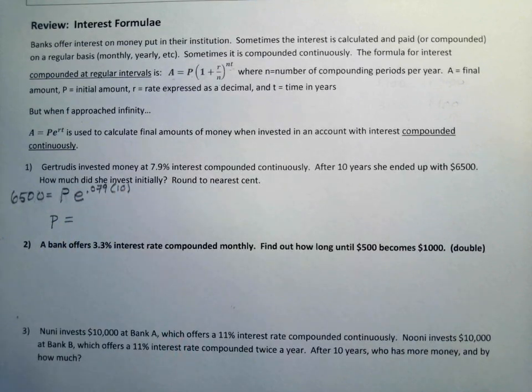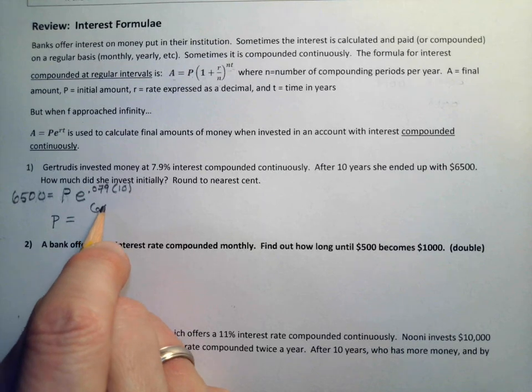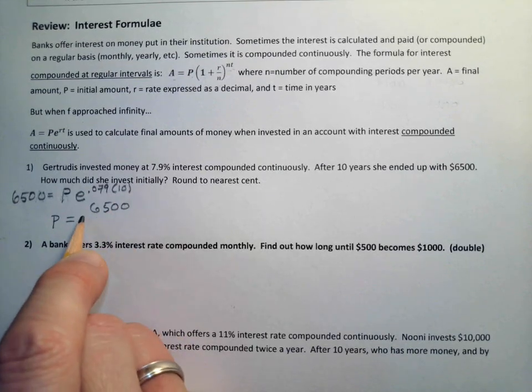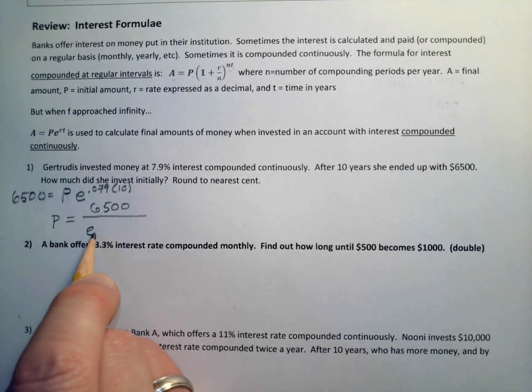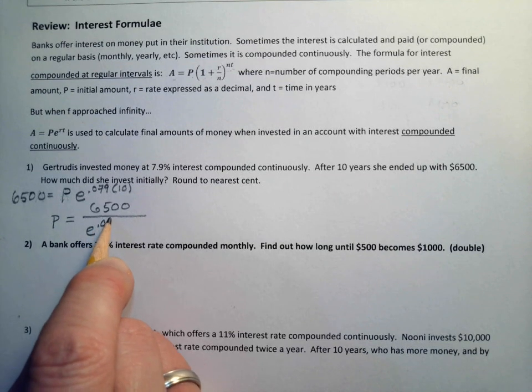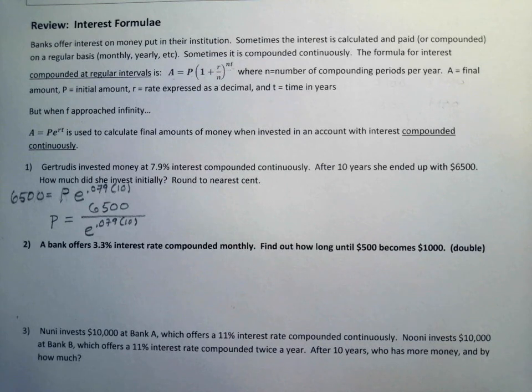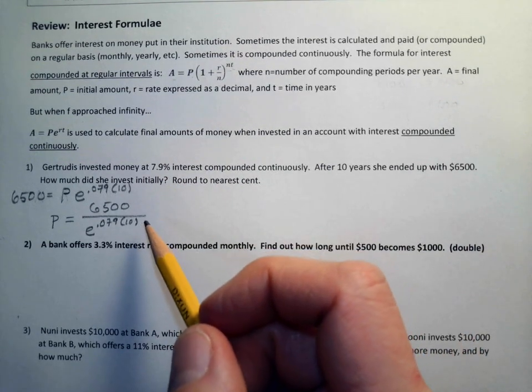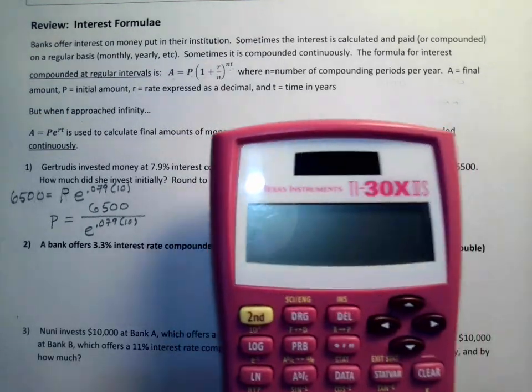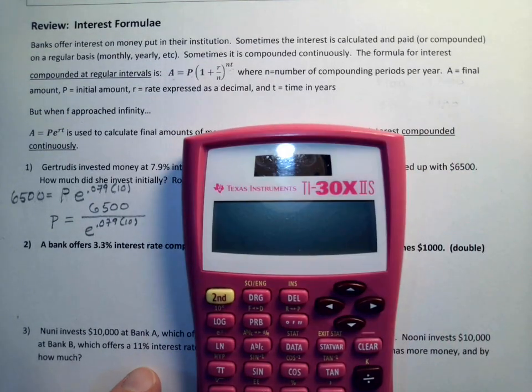There are no logarithms necessary here because we don't have any variables in the exponent. Okay, so P is equal to 6,500 divided by e raised to the 0.079 times 10. Okay. So that's really just calculator work. So plugging that into your calculator, I don't know if you can really see my calculator here.